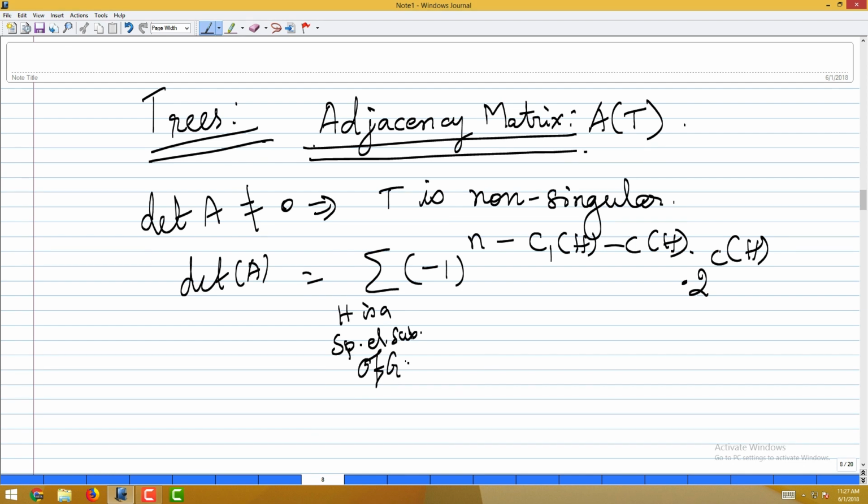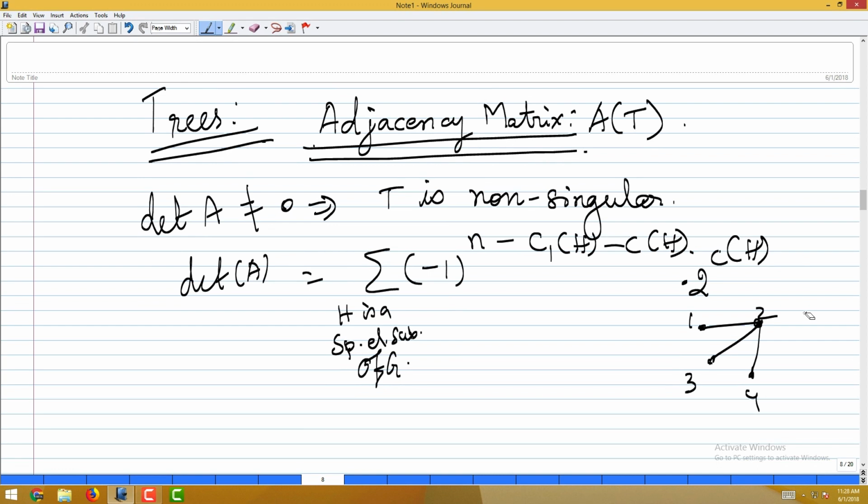How should my elementary subgraph look? Obviously, this is on an even number of vertices, 1, 2, 3, 4, but how many elementary subgraphs can I get out of here? I mean spanning. There is no spanning elementary subgraph here.